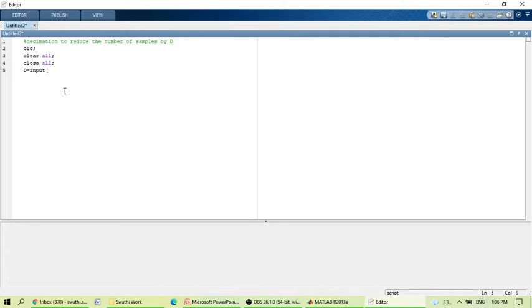I am taking the factor by which you want to reduce the number of samples, and saving it in the variable D. So enter D equals input, enter the down sampling factor. I can define it here, or define it through the command window by using the command input, like scanf in the C language.